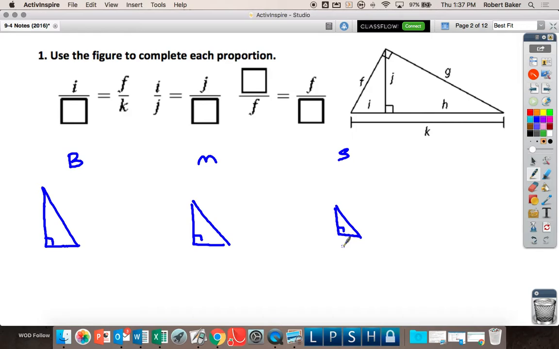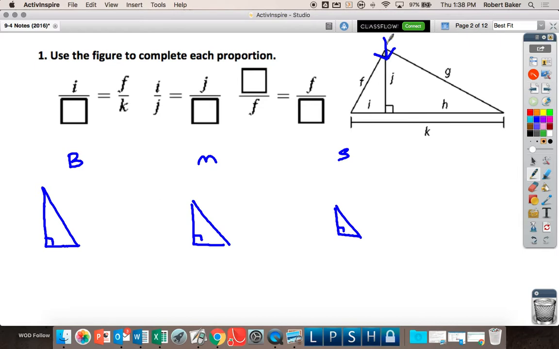So always go to the hypotenuse first. What is the hypotenuse of the big triangle? On the left. K. You see how this can be very confusing. The hypotenuse is always opposite of the right angle. We're talking about the big right triangle. Okay?